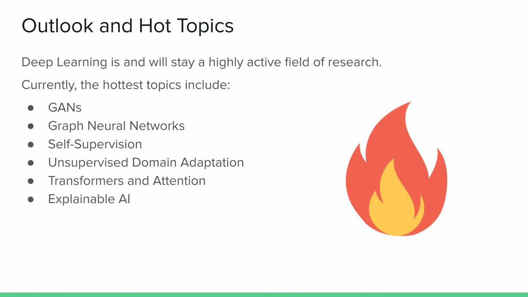Transformers and the underlying attention mechanism are really taking over many fields recently and becoming a quite good substitution for recurrent neural networks in many places. And of course, explainability and explainable AI, which is not only interesting from a technical perspective, but also required by the GDPR and some legal regulations: if we want to put a model into production, we have to be able to provide some explanations.